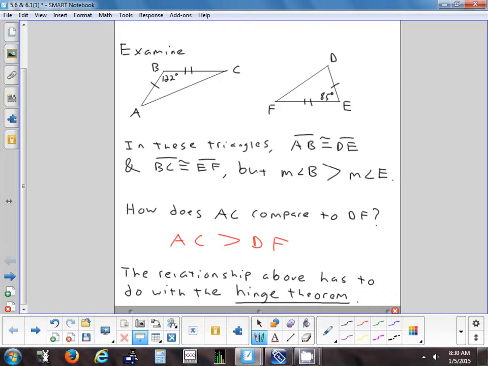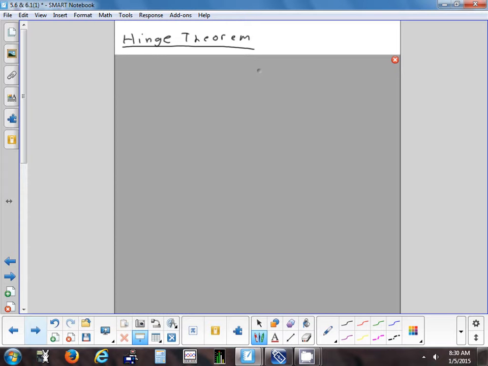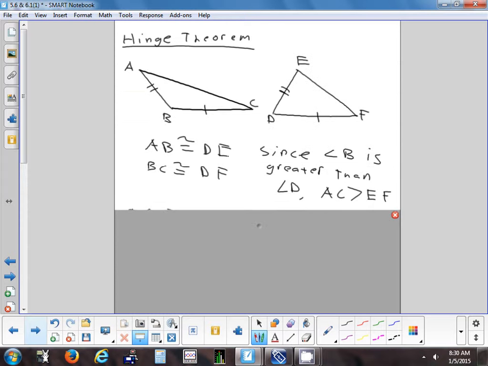Okay, it's called the Hinge Theorem. I'm going to give you the page that it's on because it's a lot to write. Everything I just said, that's the Hinge Theorem. It's just hard to describe it briefly in words. But here's the diagram. To use the Hinge Theorem, you've got to have two pairs of sides that are congruent, like AB and DE, and BC and DF.